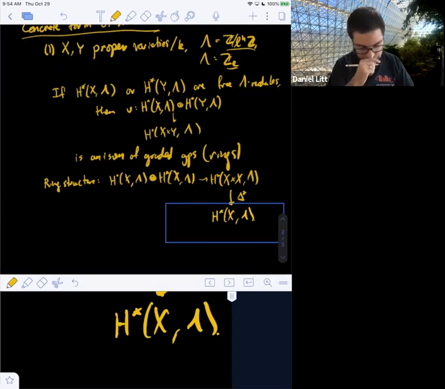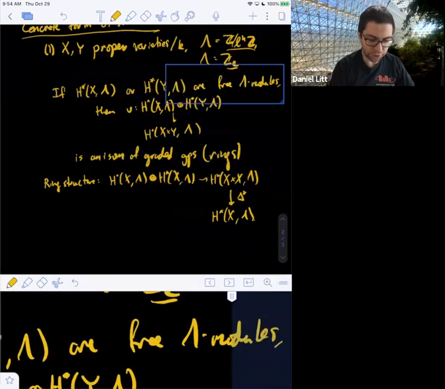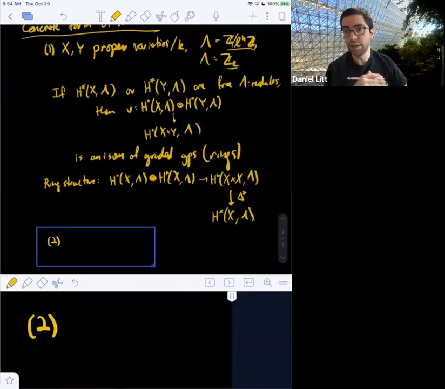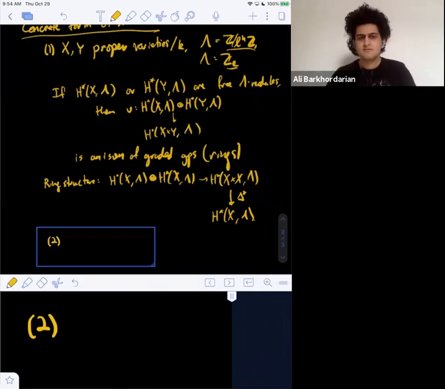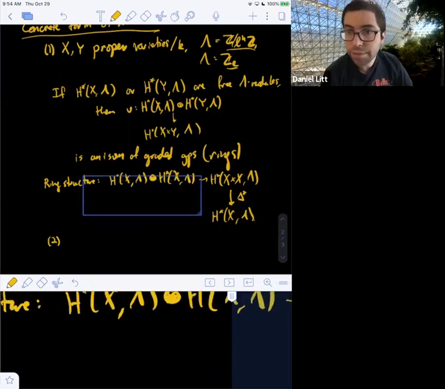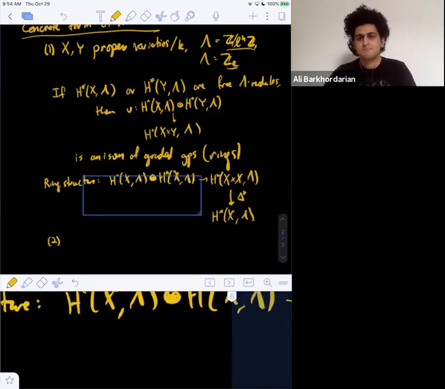Great. So this says that we have an isomorphism of graded rings under this weird condition that we have free lambda modules. The reason we need that is that last time we gave the fancy formulation of Kunneth, and it had some Tor terms.